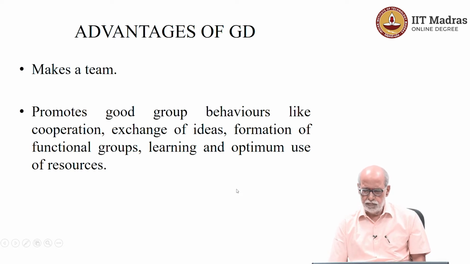A good GD promotes good behavior. What is good group behavior? Number one, the first trait of good group behavior is respect for one another. A strong sense of mutual respect.